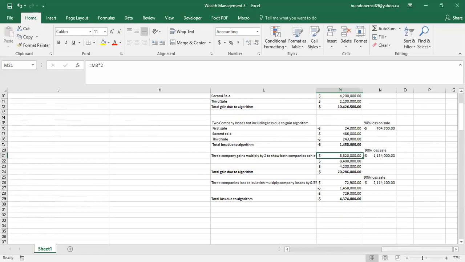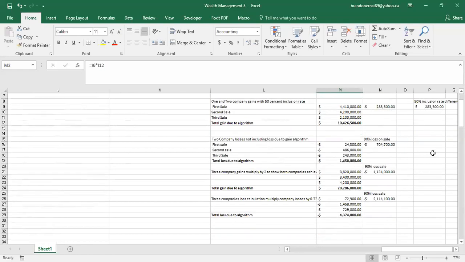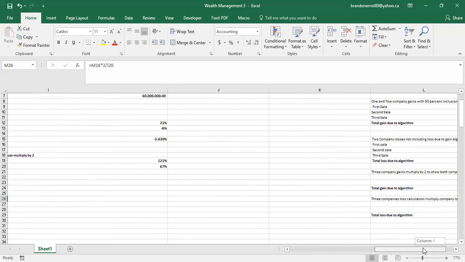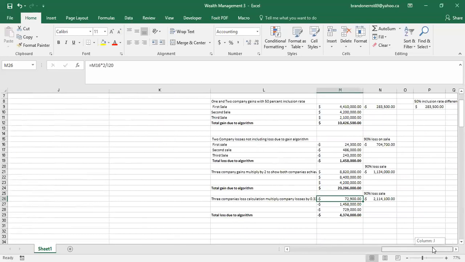Basically you're multiplying your gains from the two companies by two. And with the losses, it's the same thing. You're multiplying it by two. Then you can do the division in there also, to get your 67% of the loss.